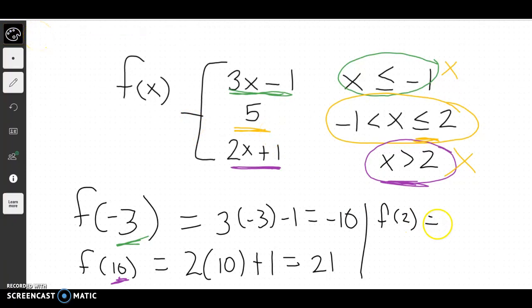So any number I put in, I get 5 out. So I got 5. And then let's try f of 0. Well, if it's 0, it falls into, again, this yellow category because that's between -1 and 2. And we said for this rule right here, no matter what number we input, we get 5 as our output.